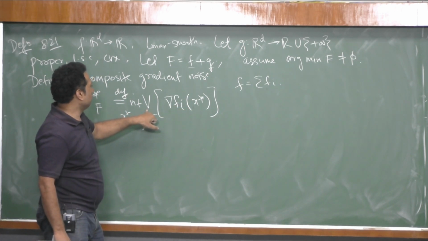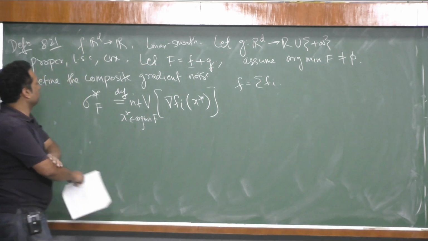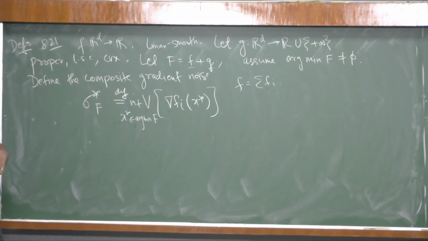Because if they don't vary much, then perhaps, I mean, what should we conclude? They may not vary, but they may be constant. Then also the variance will be 0.